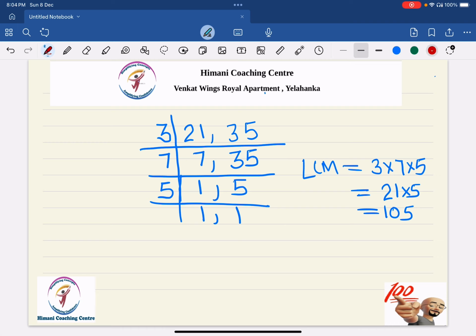You can just pause the video and find the LCM for the numbers which I am going to give you. Okay, so find the LCM of 15 and 25. Pause the video, do the working, and then restart the video and see how you have done. Okay.